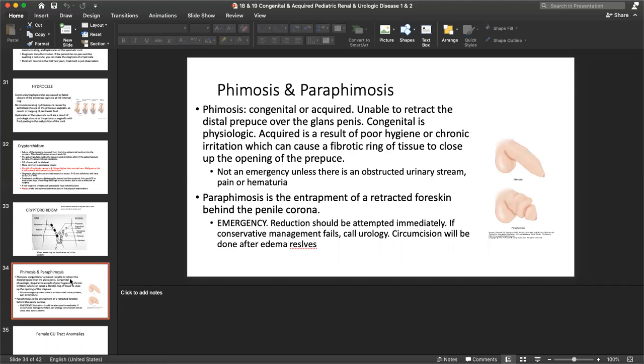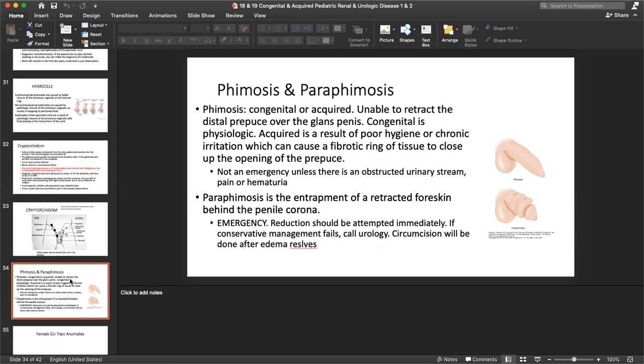Paraphimosis, which para means around, is going to be entrapment of retracted foreskin. So they retract their foreskin, I guess to pee or whatever, then can't get it back down. If you think about it, let's say you've got a ring on your finger and you're trying to get it off, and you try and you try, and it starts swelling and being red, and they have to remove it.